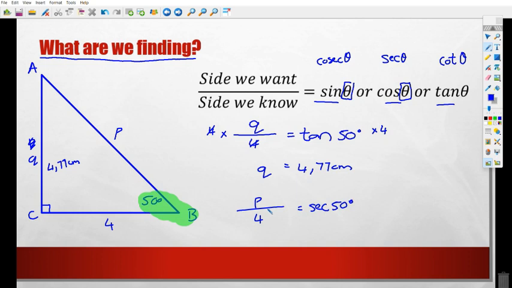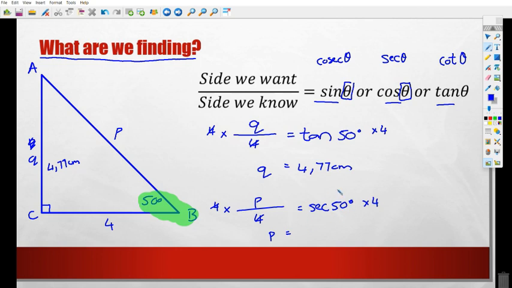If I'm finding P, what do I have to do to get P by itself? I want to get rid of the 4 in the denominator, so I multiply by the denominator on both sides. The 4s cancel, so P is equal to sec of 50 times 4.